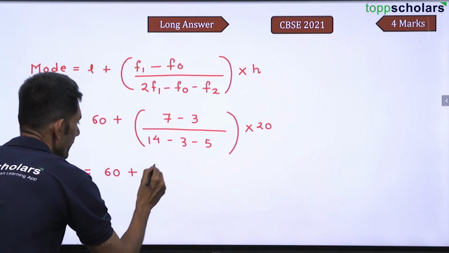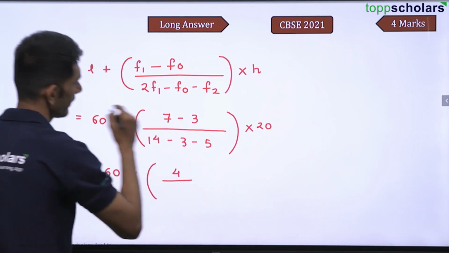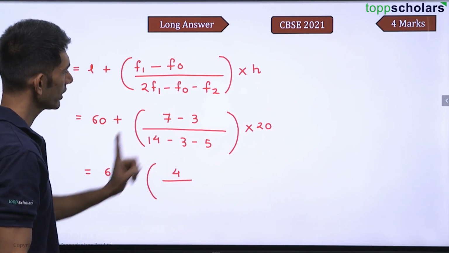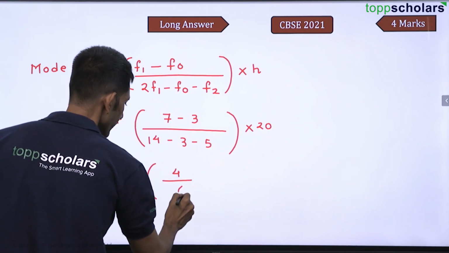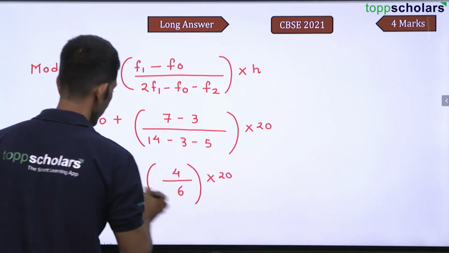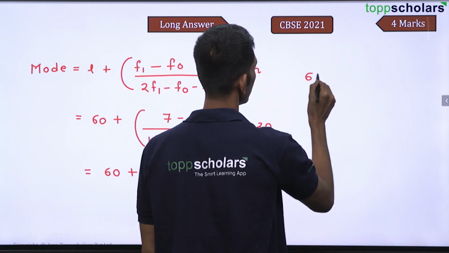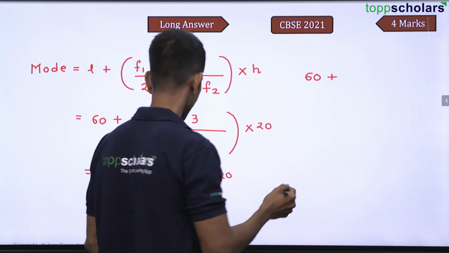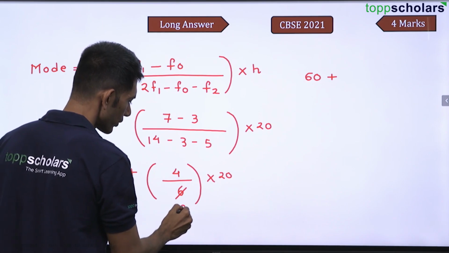So this is equal to 60 plus 7 minus 3 is 4, by 14. 14 minus 3 is 11. 11 minus 5 is 6. So 4 by 6 into 20. So that is equal to 60 plus 20 into 4 is 80, or if you want to solve it like this, you divide by 2, you get 3.